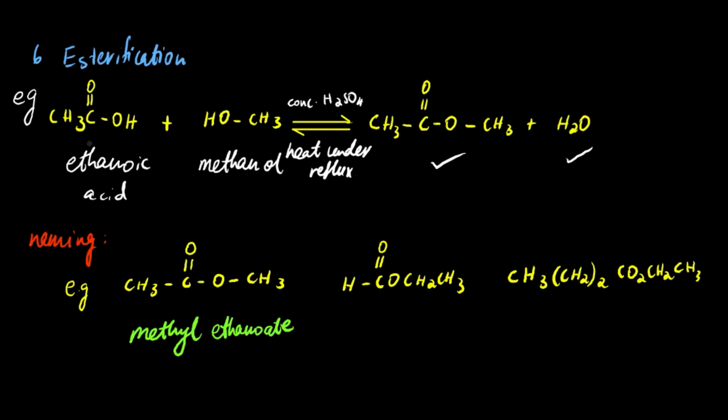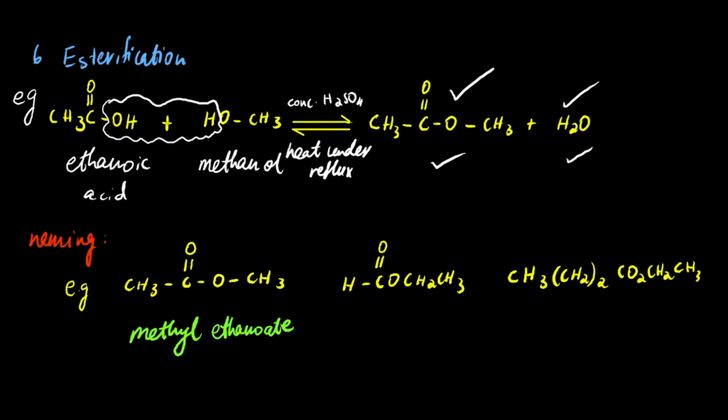Now if you look at the structure of ethanoic acid, the carbon is bonded to a double bond oxygen and it is bonded to a single bond OH group. Now the OH group from here and the H from here will be taken away and this will form H2O, and the rest will be bonded together and that will form this.